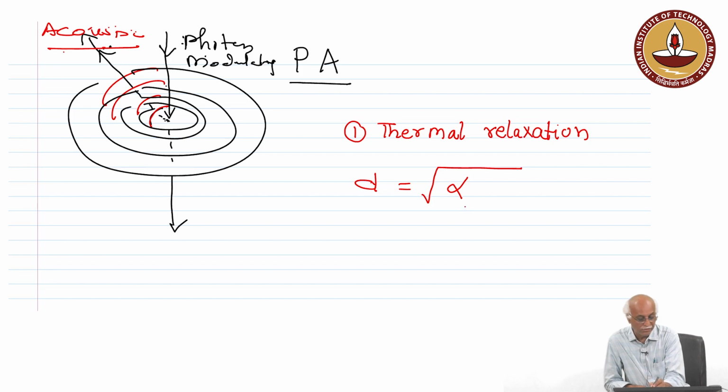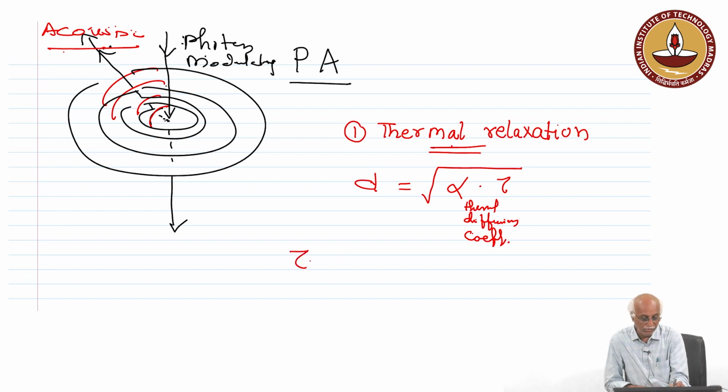alpha, this is the thermal diffusion coefficient, into tau. So, tau indirectly in this case is related to thermal relaxation. So, tau is nothing but d square by alpha, the thermal diffusion.